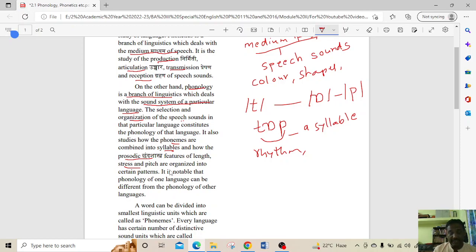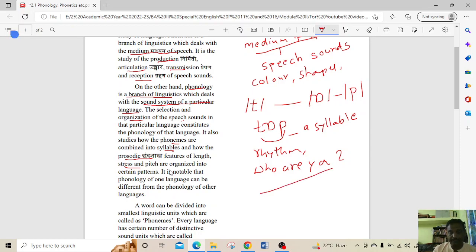For example, in English, when you ask a question, for example, who are you? It is recommended that in English, when you ask a question, your pitch of sound goes high.